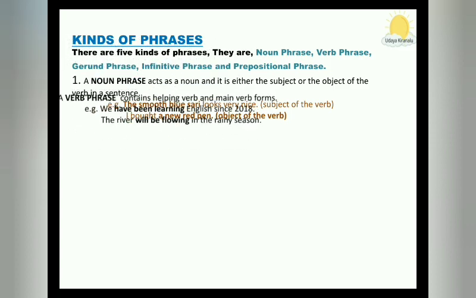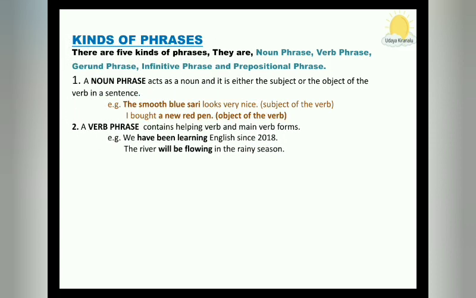The next one, verb phrase. A verb phrase contains helping verb and main verb forms. Let's have a look at these examples. We have been learning English since 2018.